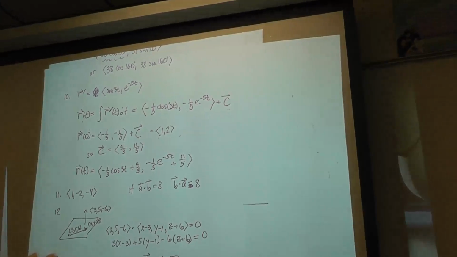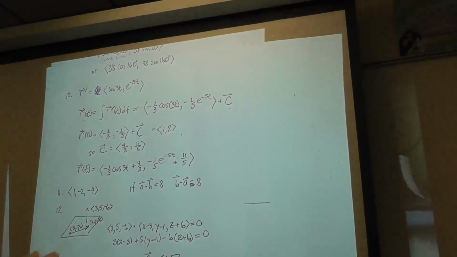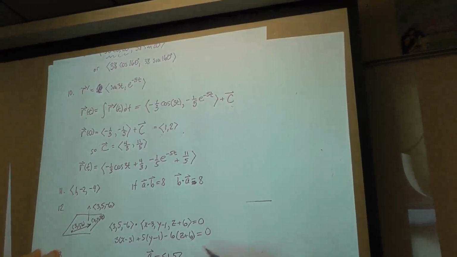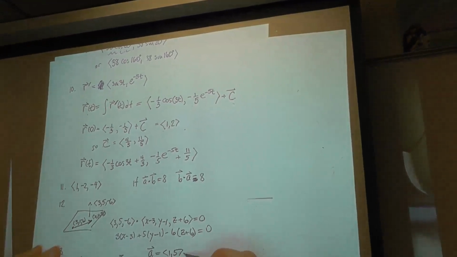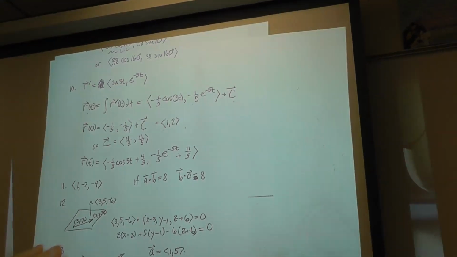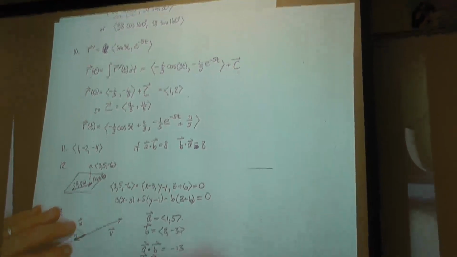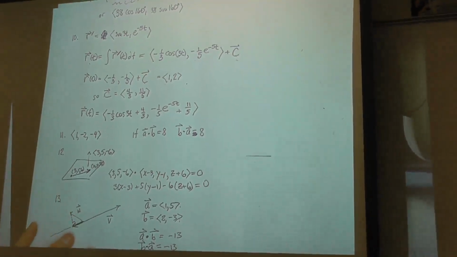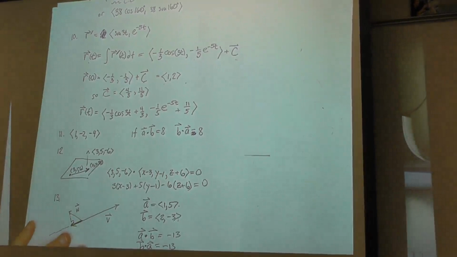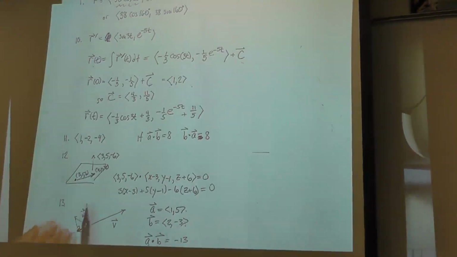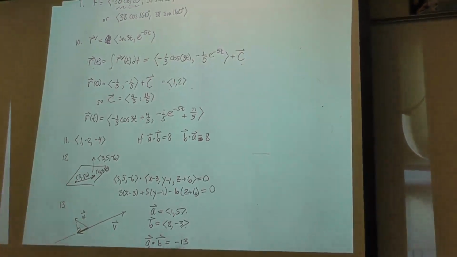B dotted with A, 2 minus 15. These are things that if you should forget, just make up a couple vectors and simply compute. You can do the same thing with cross products, although you get 3 dimensions.